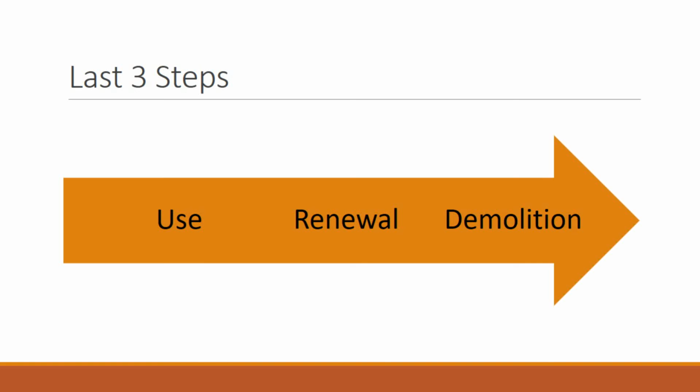So now moving on from the fourth step, the last three steps are actually quite short, so I'm going to go over them very briefly. Now, the fifth step is use. It is time to move in or start operating after the construction is finished and any commissioning regulatory issues have been resolved.